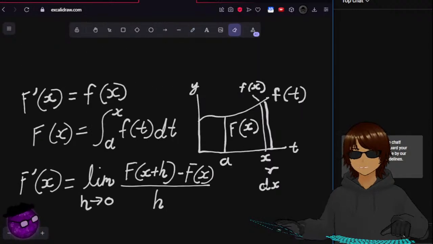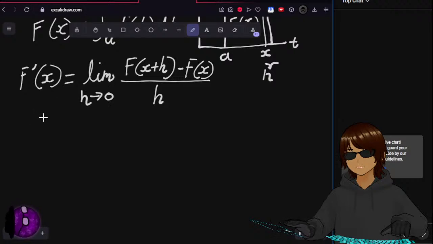Let's call this h, and then h is going to 0, closer and closer to 0, and this is equal to x plus h.